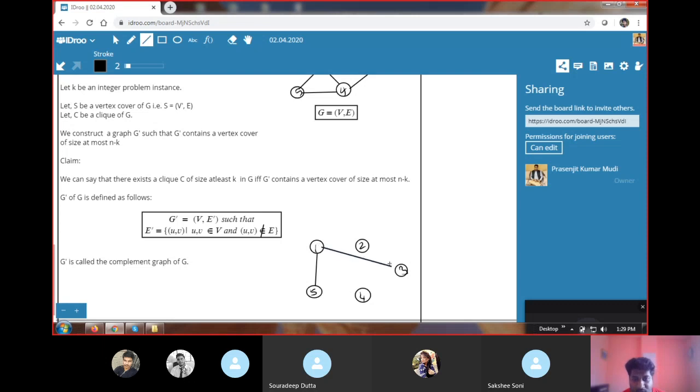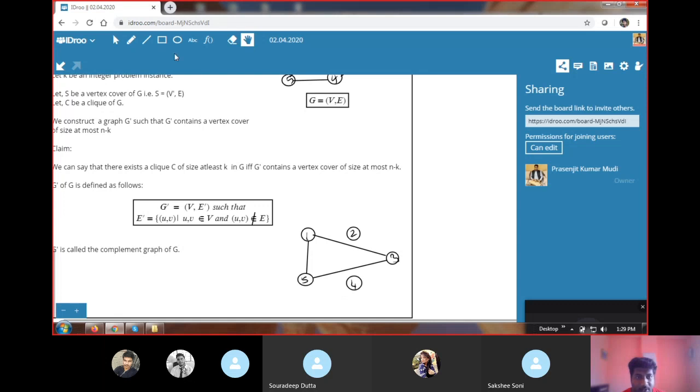So 1, 3 will be an edge, 5, 3 will be an edge. Any other? 2, 4 is an edge. I think it's complete.